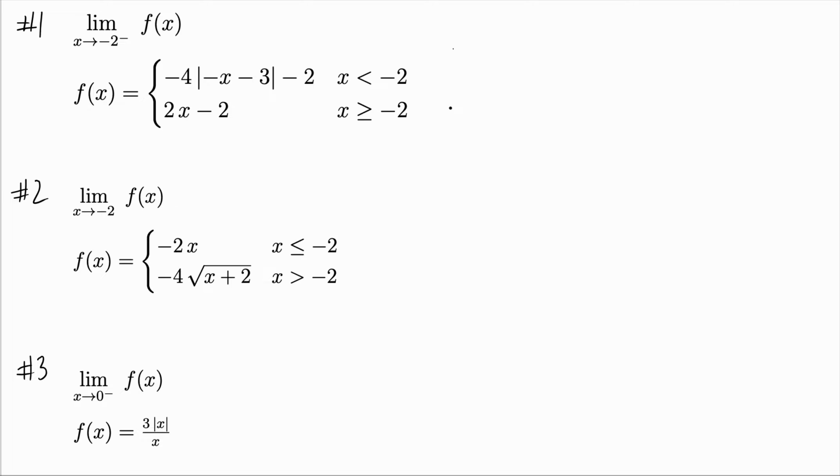All right, here's the solution. Since we're heading toward -2 on the left side, and the expression that represents the function on the left side is a continuous function, we can just simply plug in -2 itself into this left part. Even though this is less than, we don't have an or equal sign, because guess what limits are?